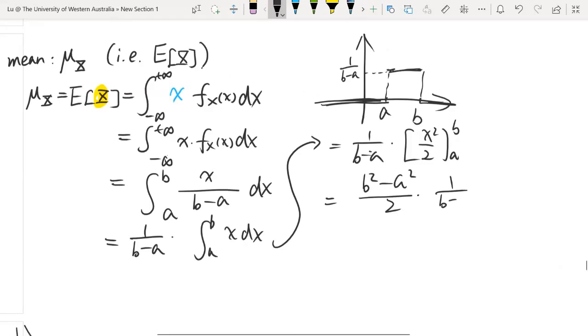This can be further simplified: b squared minus a squared is (b minus a)(b plus a), and b minus a cancels the other b minus a. The result is (b plus a) over 2.